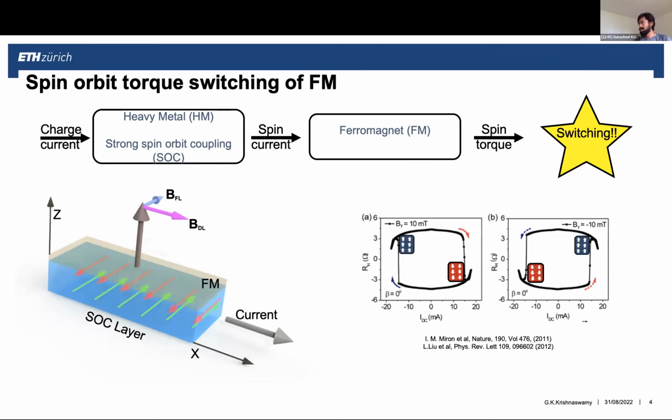So typically, you initialize it in an up or down state, and when you apply DC current pulses, you can move from up to down depending on the current polarity. The direction of the switching is different depending on whether you apply a small magnetic field along the current direction or against the current direction, which is needed for deterministic switching.